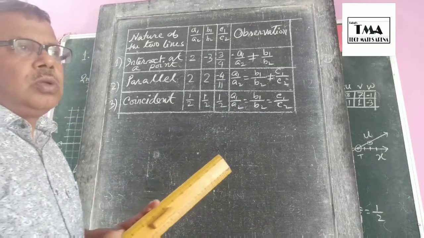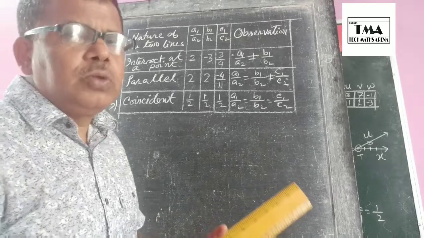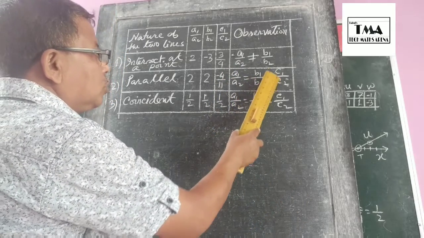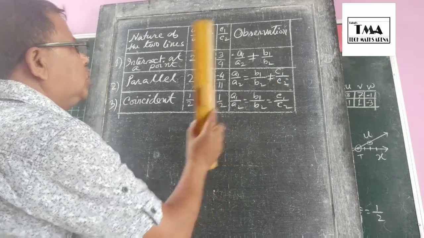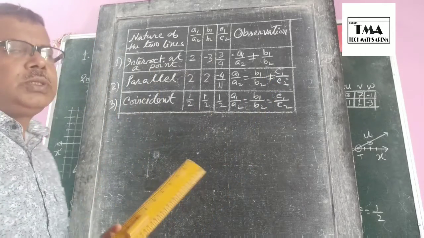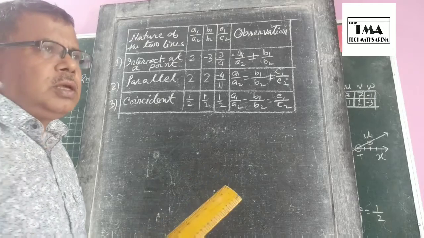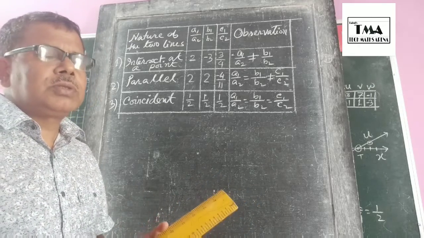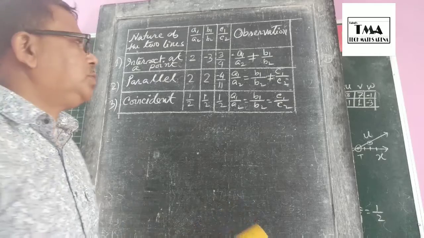So now we can conclude that if a1 by a2 is equal to b1 by b2 but not equal to c1 by c2, then the two lines will be parallel to each other. And then we say that those two equations are inconsistent because they have no solution.